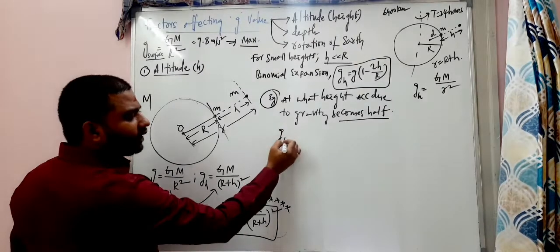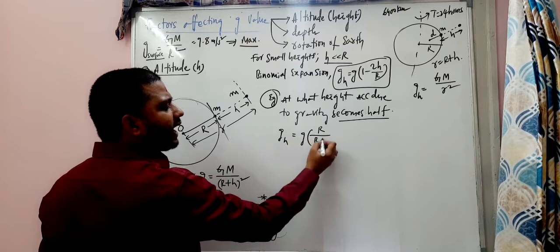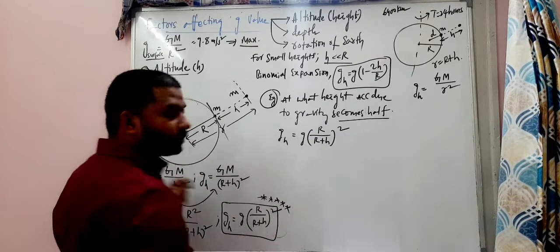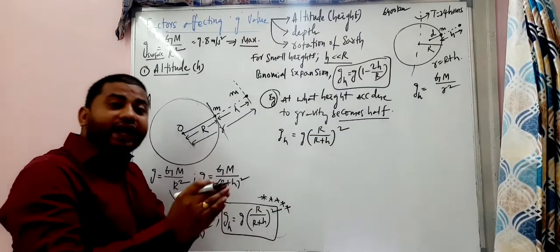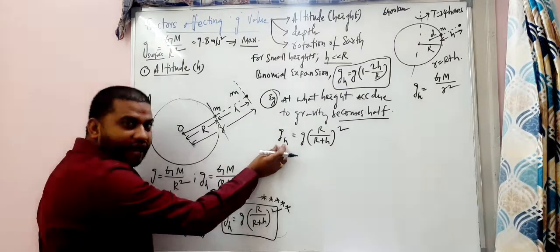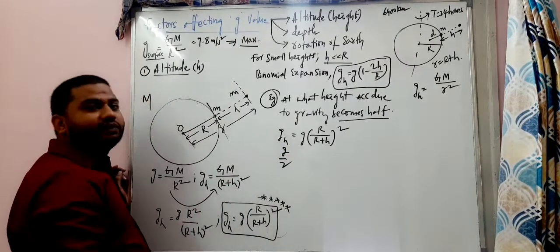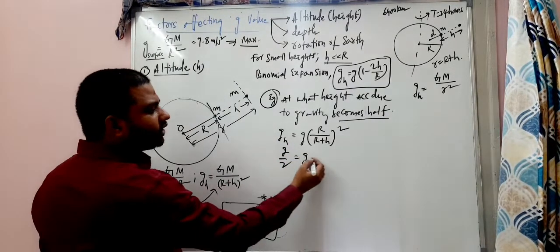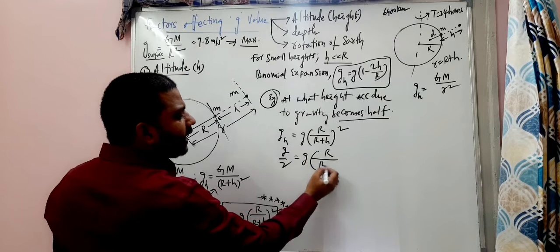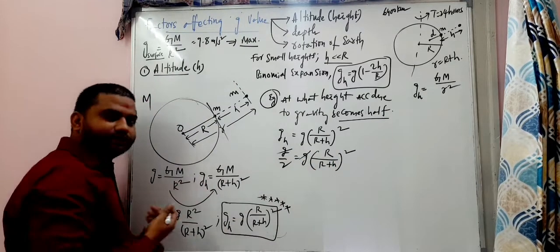We have the formula g suffix h is equal to g into r by r plus h whole square. Acceleration due to gravity becomes half, so at this height g value is becoming half, which is equal to g into r by r plus h whole square. G cancels, my dear students.